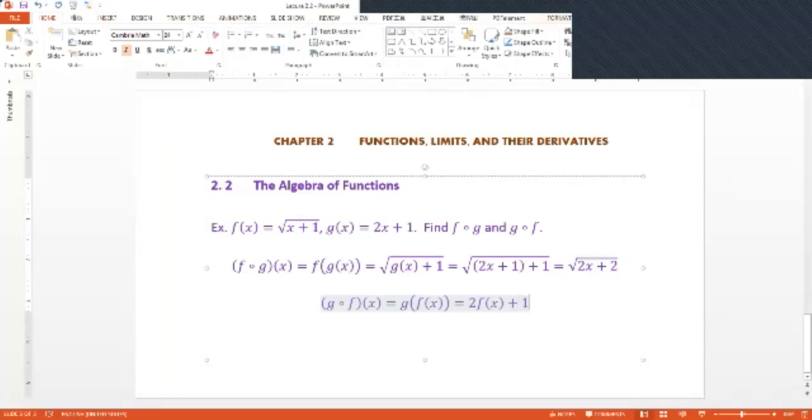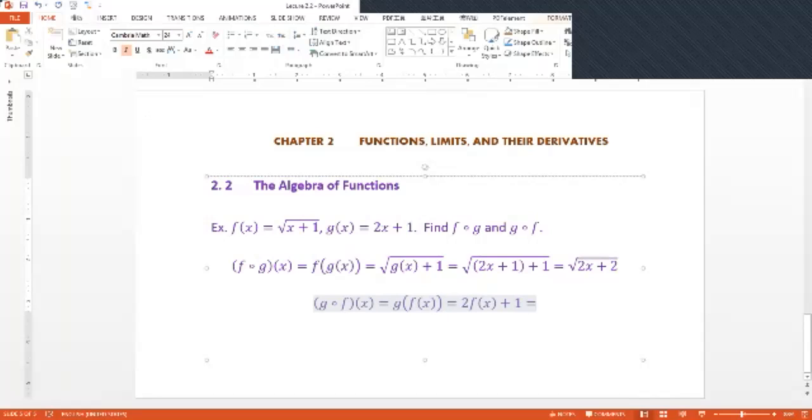As you can see, the function g is 2x plus 1. So we just replace x in g by f. So f is square root of x plus 1. So then we get 2 times f of x, plus 1. And f is just the square root of x plus 1, as I just said.